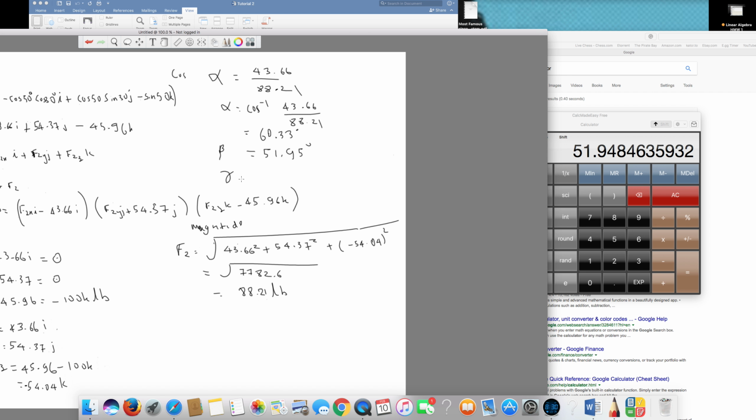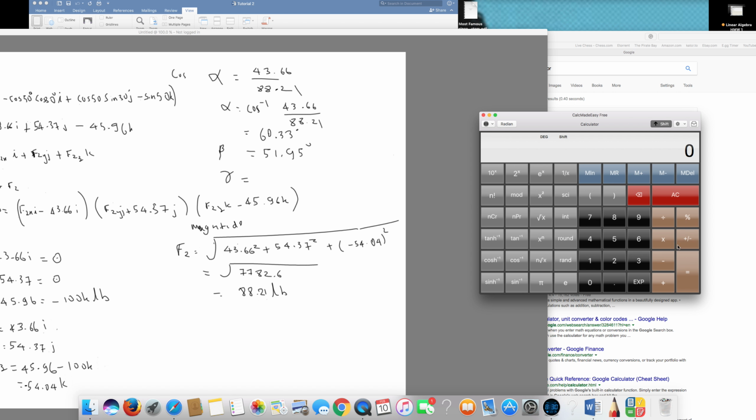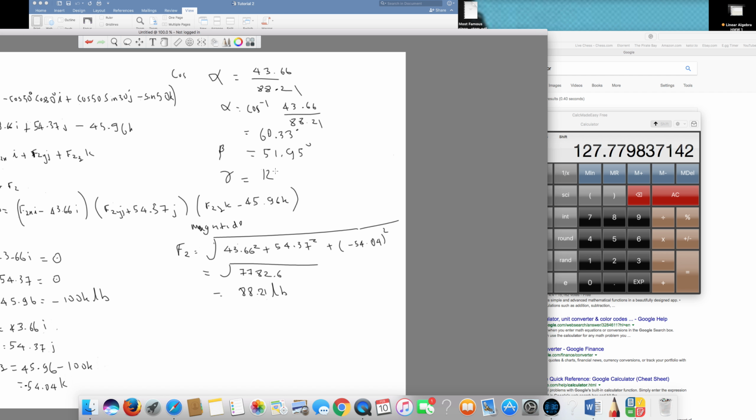Now I have to find the gamma. Gamma is going to be the z direction. The z direction is negative 54.04. Negative 54.04 divided by 88.21, cos inverse is 127.8 degrees.